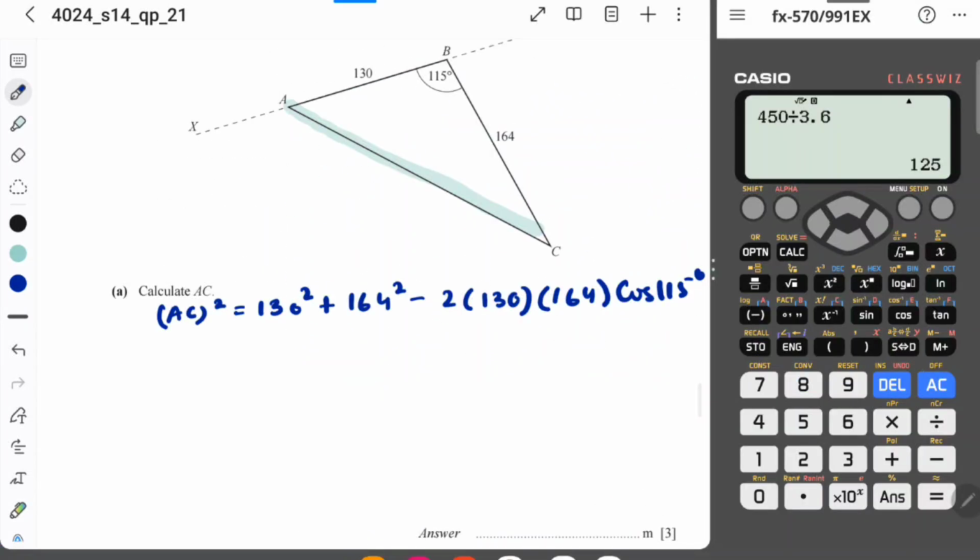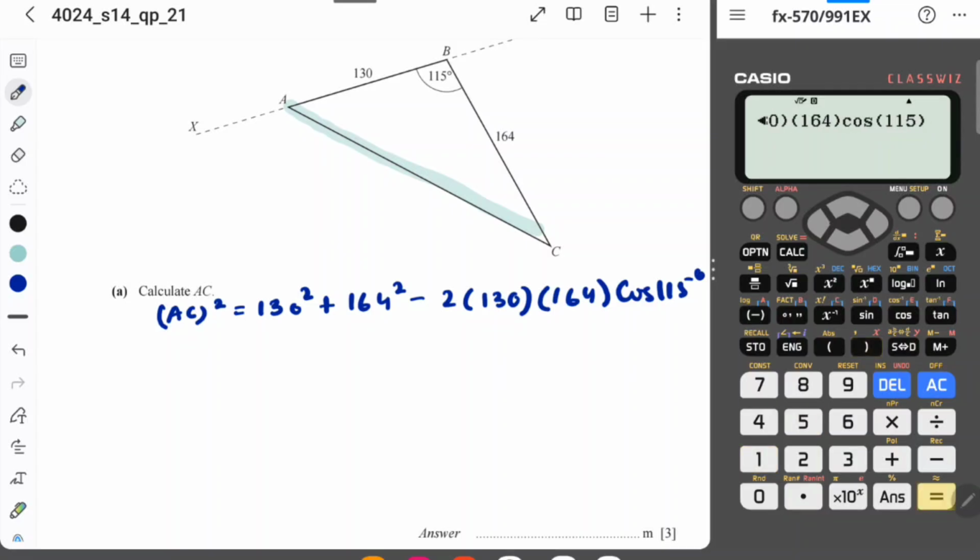So we are going to find the square root of 130 square plus 164 square minus 2 times 130 times 164, and then cos of 115 degrees.